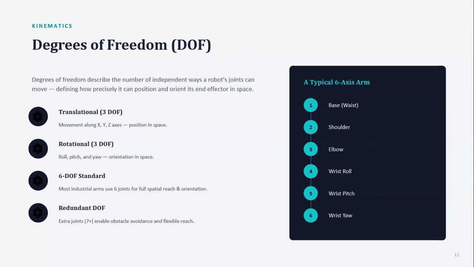Another 3 degrees determines the orientation. Many industrial robots have 6 degrees of freedom, enabling them to reach almost any position and orientation within their workspace. Some advanced robots possess 7 or more degrees of freedom, providing greater flexibility and obstacle avoidance.